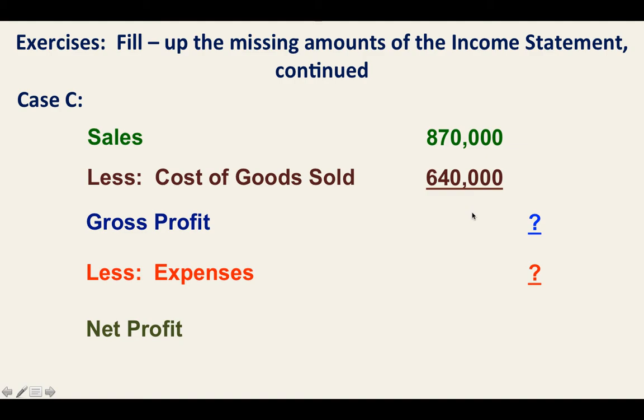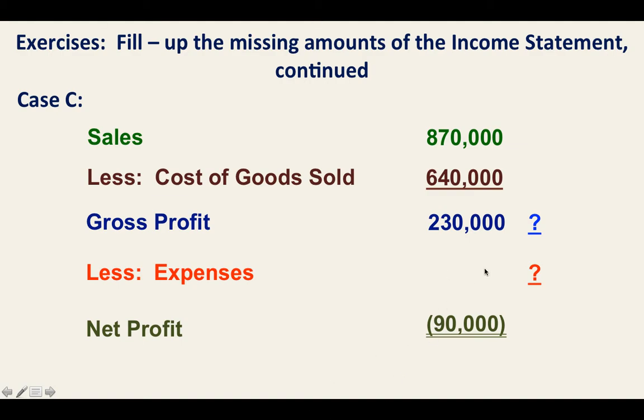Your expenses is missing, so you have net profit, or net loss in this case because it's negative. So you need to have two amounts so you can solve the missing amount. So in this case, sales less cost of goods sold, 870,000 minus 640,000, will give you 230,000.